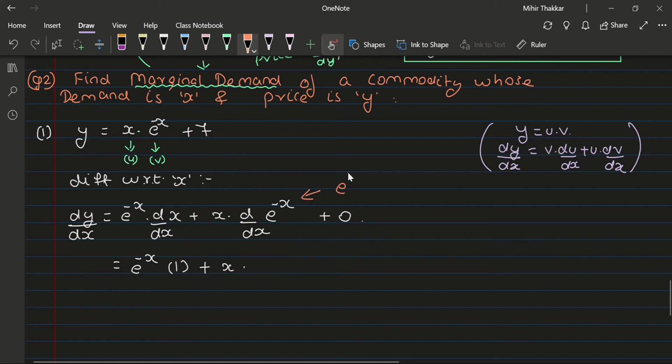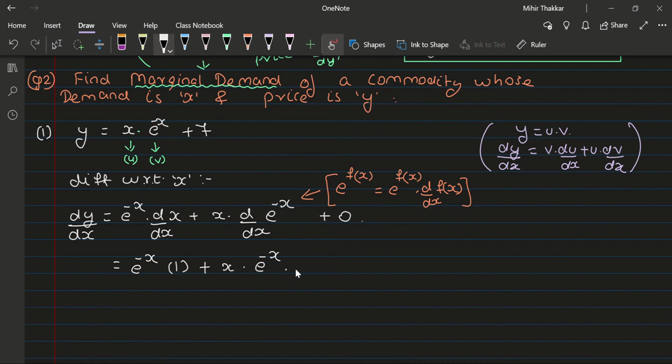Derivative of e raised to minus x is the same as e raised to f(x), because anything other than x is always f(x). So minus x is also considered as f(x). So I consider the answer as e raised to f(x) multiplied by derivative of f(x). So I will get x into e raised to minus x into derivative of minus x.